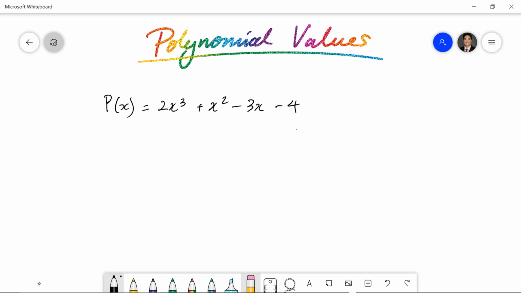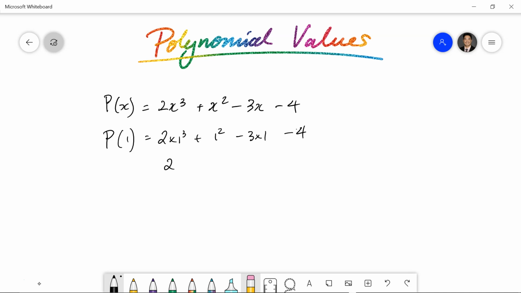Let's say we want to substitute each value with a 1. Anything that has an x, we're going to replace it with a 1. So that means it's 2 times 1 cubed plus 1 squared minus 3 times 1 minus 4.